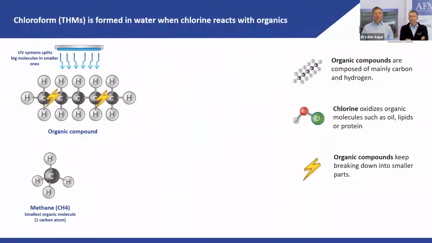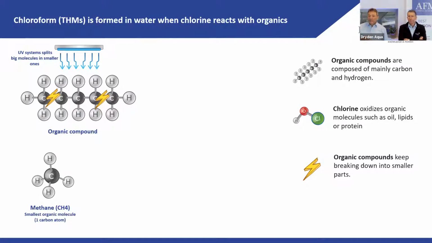Or also with UV, that can be the sun, that can be a UV system, especially the medium pressure UV system, will break up these double bonds with a flash. And the smallest molecule that you will end up with is methane, which is 1 carbon, 4 hydrogen. This is the smallest compound. So with this oxidation, we just split big molecules into smaller ones. And the smallest is methane.